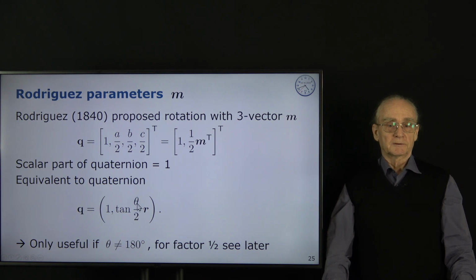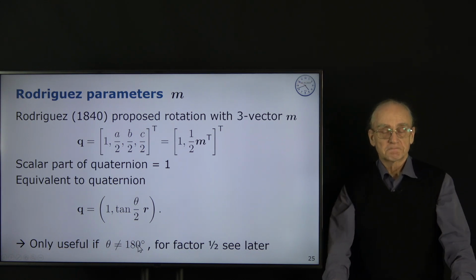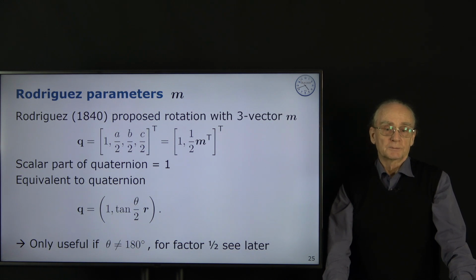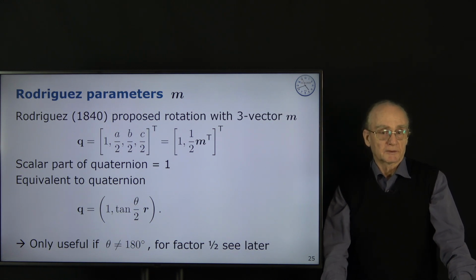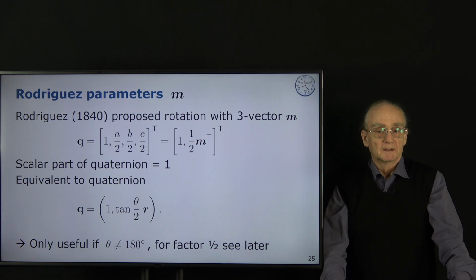Now we see, of course, if theta is 180 degrees, the tangent of half the angle is infinite. So this representation doesn't work for angles of 180 degrees, which may be a disadvantage if you have such angles in your application. For this factor 1/2, let's have a discussion later.